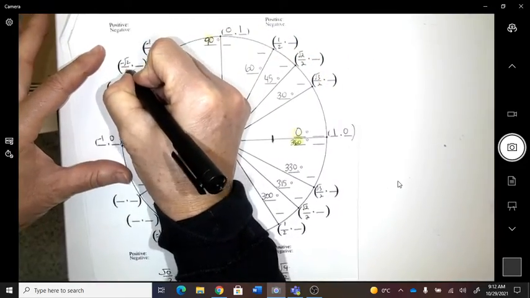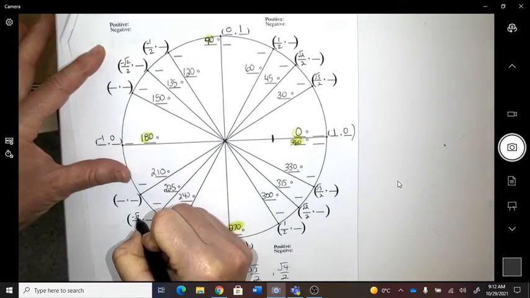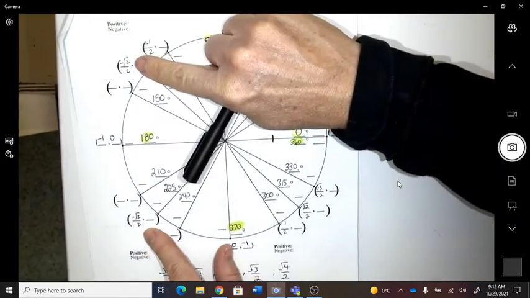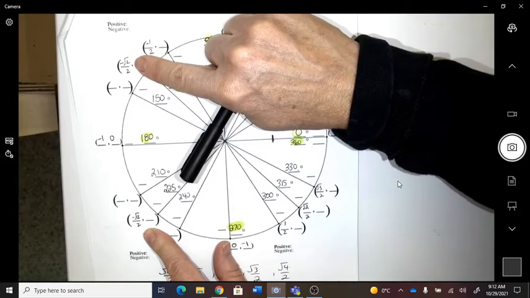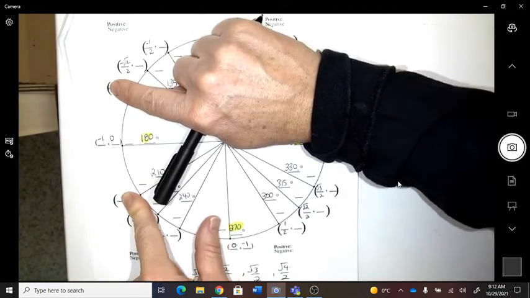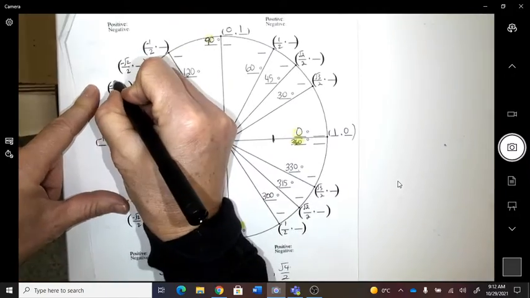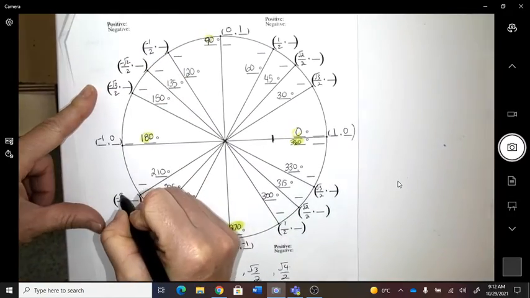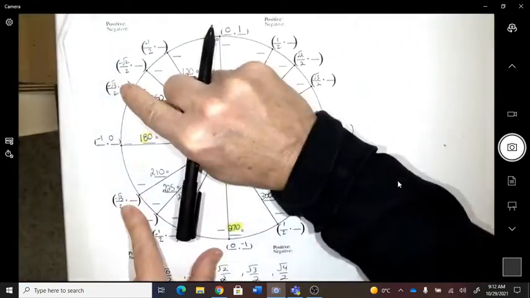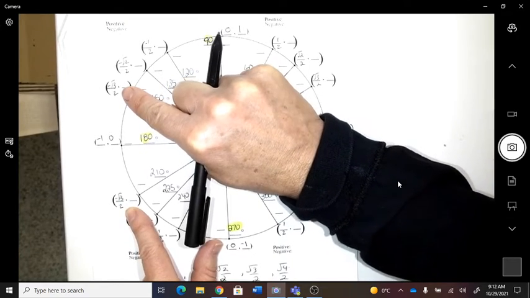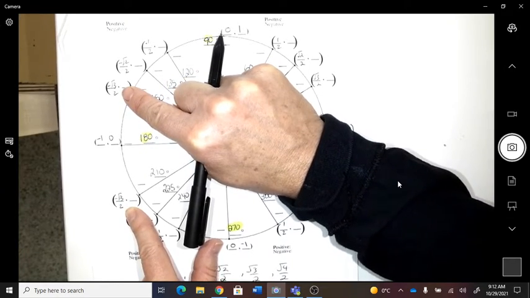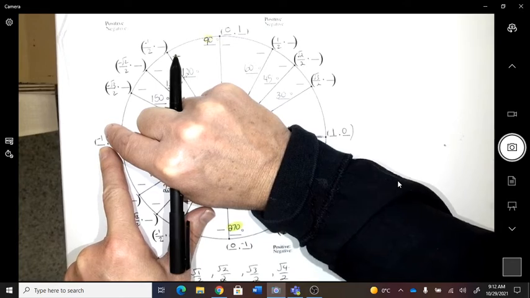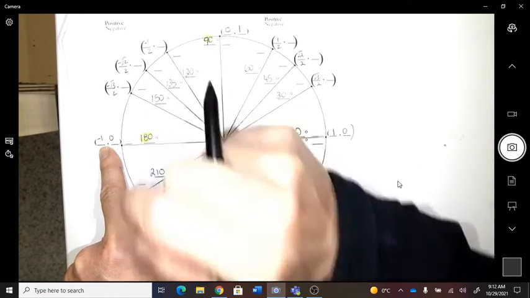Negative root 2 over 2. Move left. You're going to get bigger and bigger all the time, right? Or smaller and smaller. Whatever way you're going. Negative root 3 over 2. And then when I move left, I'm at the end at -1.